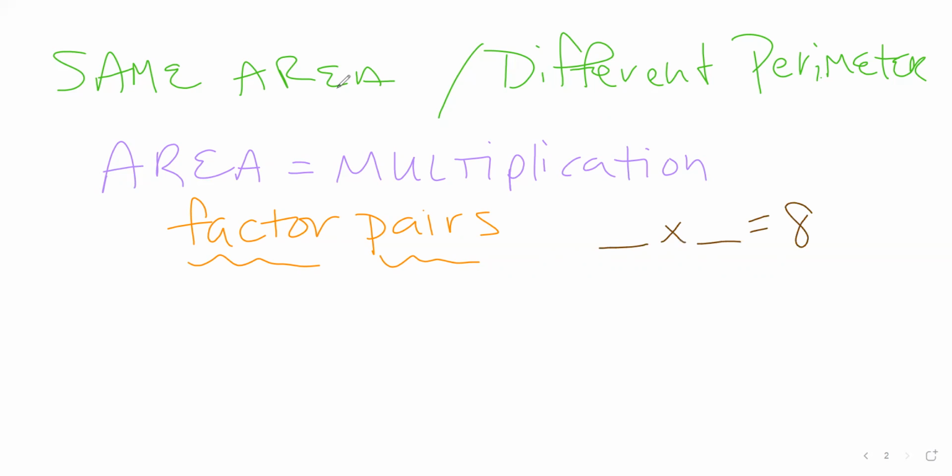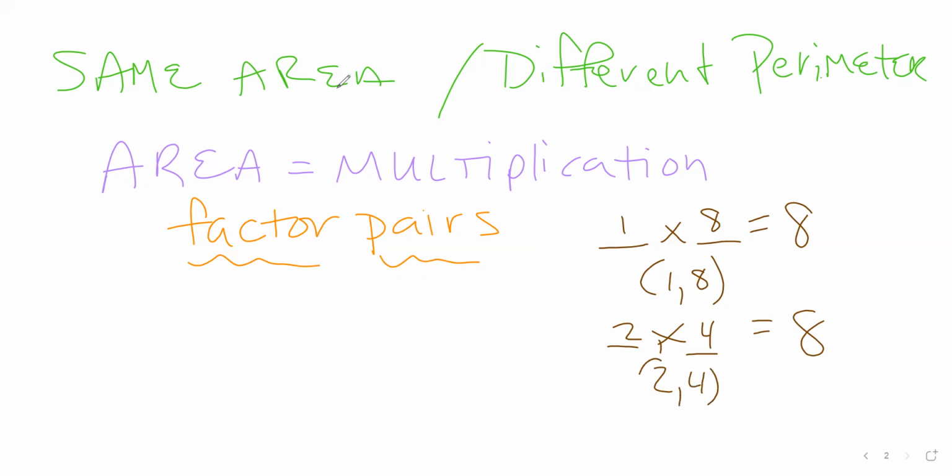One way I can get to 8 is 1 times 8, so my factor pair is 1 and 8. But I can also get to 8 by doing 2 times 4, which gives me the factors 2 and 4.